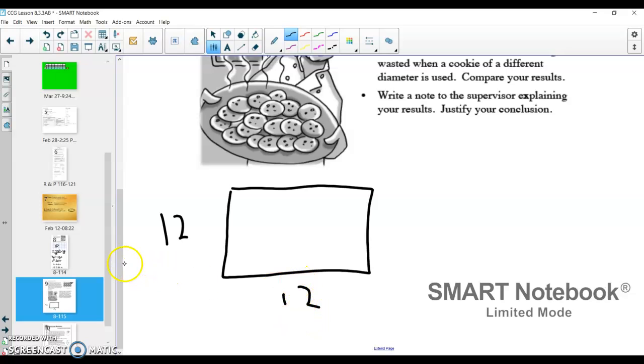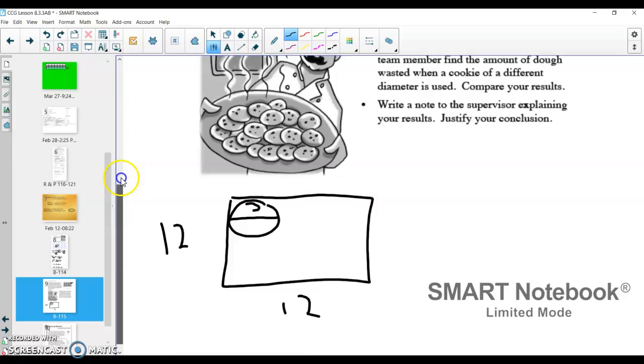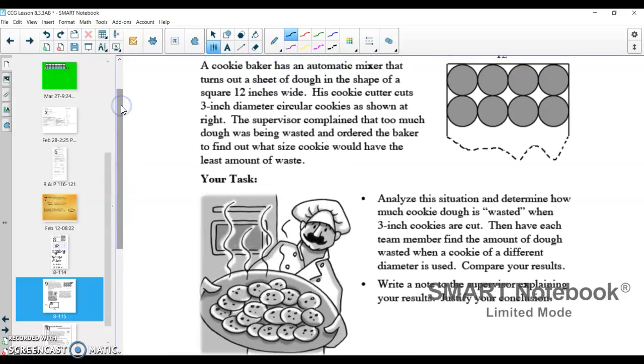And they're saying that we have cookies getting cut out of here that have a diameter of 3 inches. Like the picture has up here, it would take 4 cookies across to take up that whole 12, and it takes 4 cookies down to take up that whole 12.